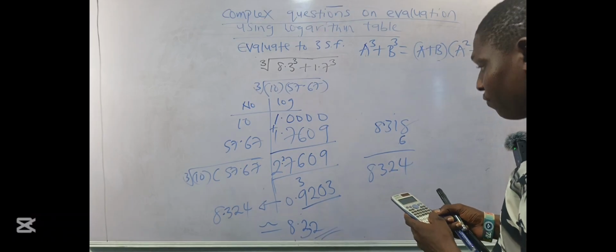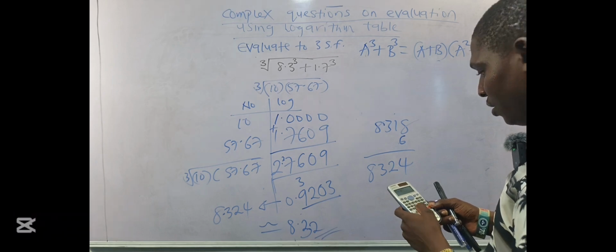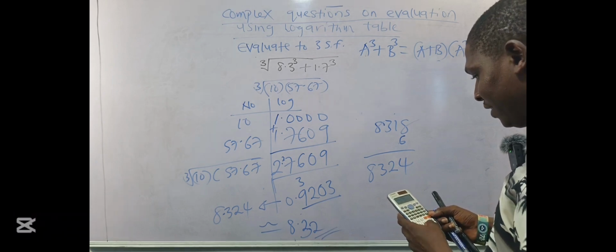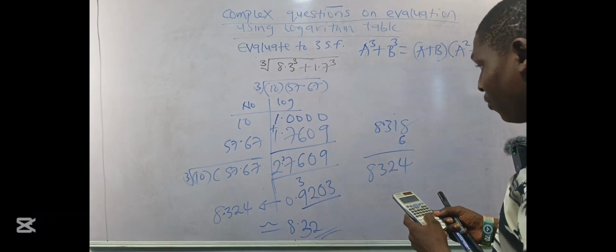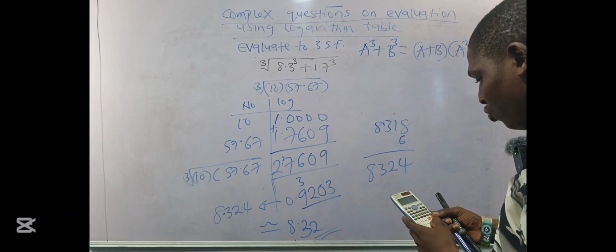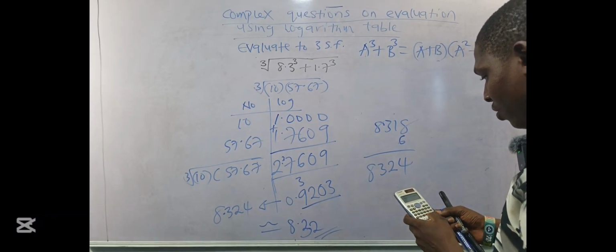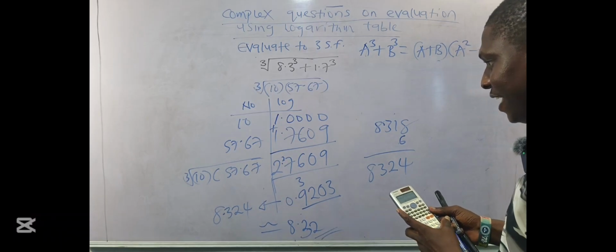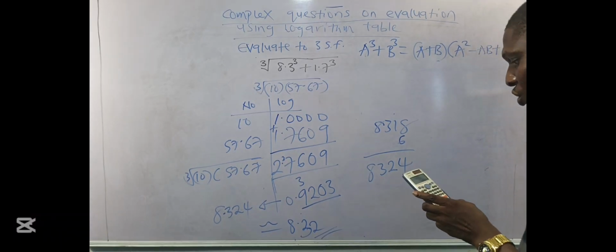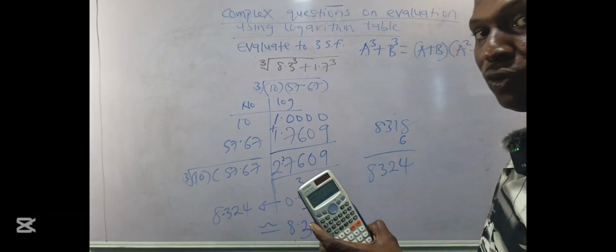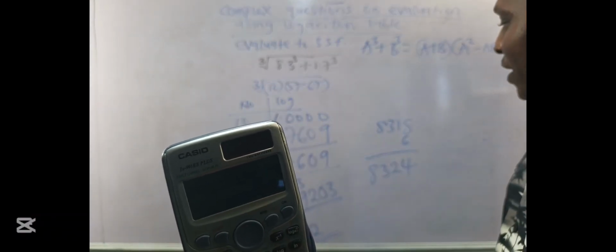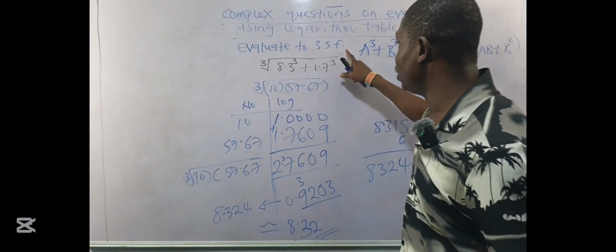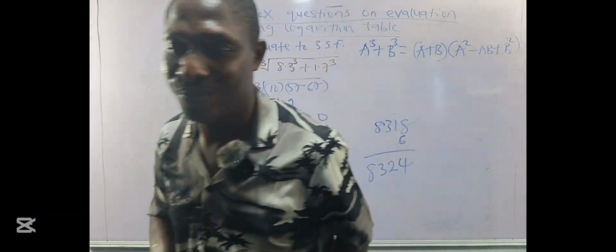And I have 8.3 raised to power 3, close bracket, plus, open bracket, 1.7, close bracket, raised to power 3. Again, close bracket. So my answer is 8.3237. You can see it here. And it's approximately equal to 8.32 to 3 significant figures. Thank you.